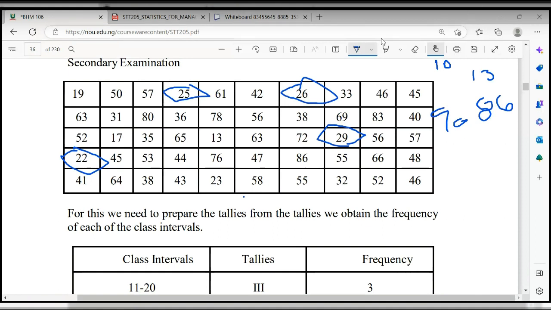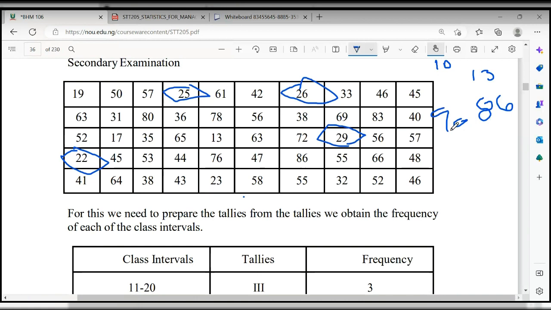In this case, the lowest is 13, the highest is 86. You approximate it, so I have 10 and 90. My interval can run between these, because anything outside this will give me 0. If I put 90 and above in my interval, I will have 0.